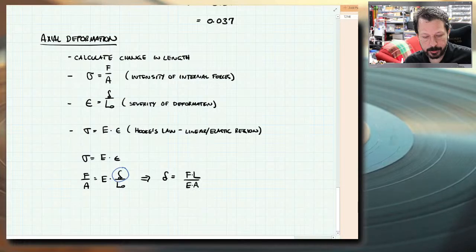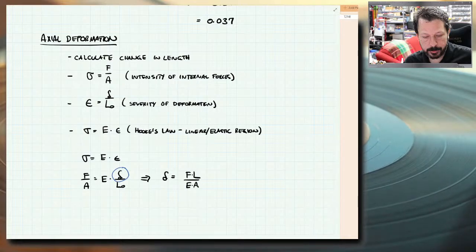And this delta is made up of things that I generally know. I generally know how much force is applied to the component I'm working on. I should know its length if I'm designing this component. E is the modulus of elasticity, so I should know the material it's made of. And then A is a geometric property of the component. So I should know all of these things.